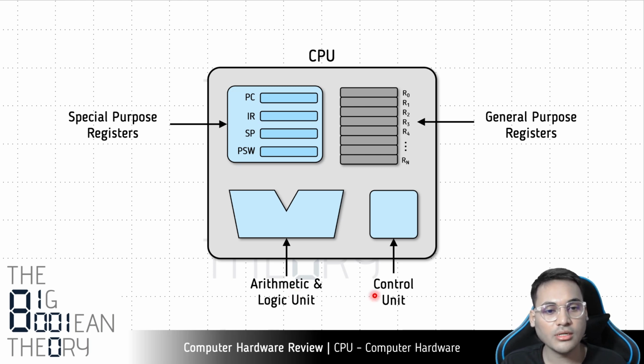And then we have the control unit. As the name says, the control unit is responsible for controlling the behavior of the entire CPU. It decodes the instruction that is present in the instruction register. It figures out what operation has to be performed, and based on that it sends out control signals, which orchestrate what is going to happen when.